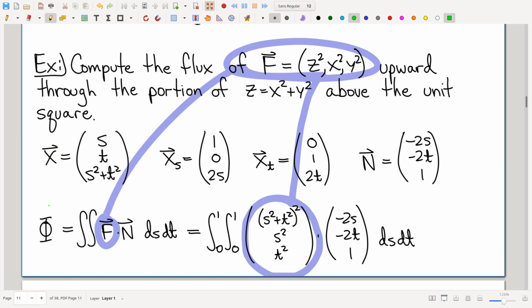So in particular, this z right here, I need to rewrite in terms of s and t, because I'm going to be computing this in an st integral. How do I rewrite z in terms of s and t? Well, right here. This is position. That is literally x, y, and z as functions of s and t. So z is this one, which therefore goes there. Everybody with me?